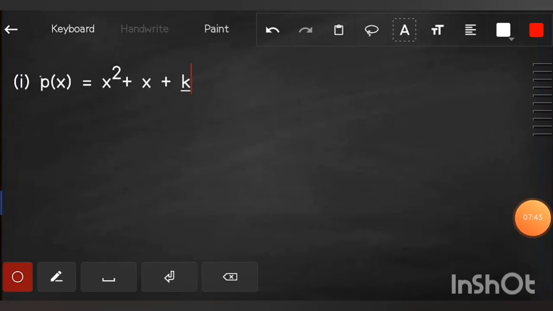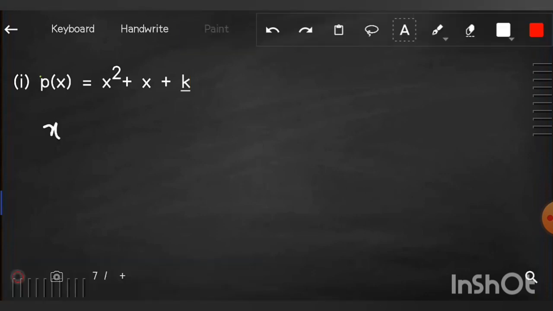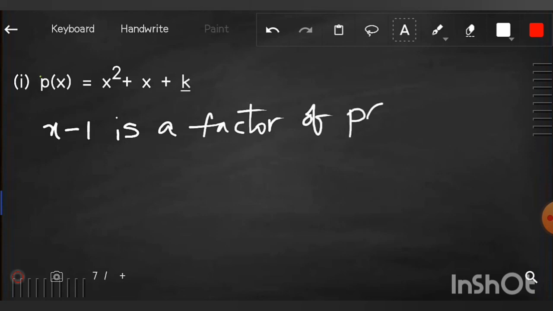The first problem, p of x is given x square plus x plus k, and x minus 1 is a factor of p of x, that is given. So we have to check the condition p of 1 equal to 0. That means indirectly it is given a condition that p of 1 equal to 0.